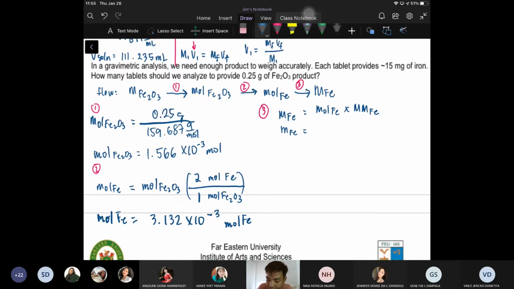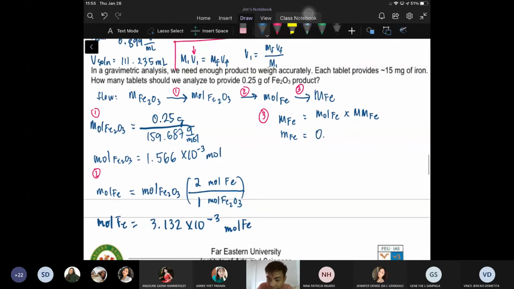So, ang mass ng iron na kailangan daw sa experiment ay 0.175 grams iron needed in the experiment.